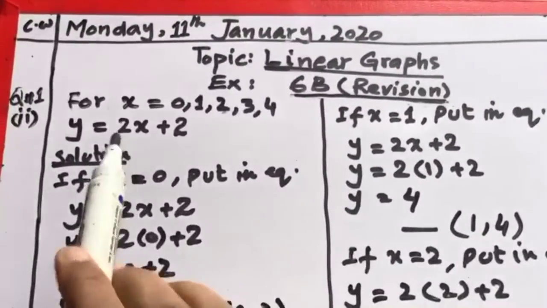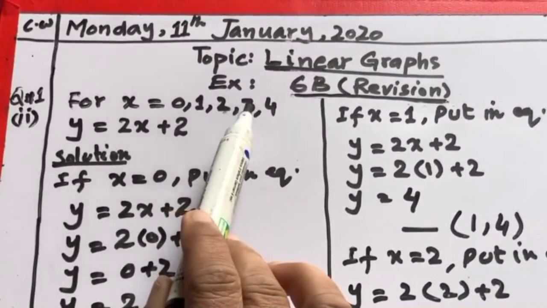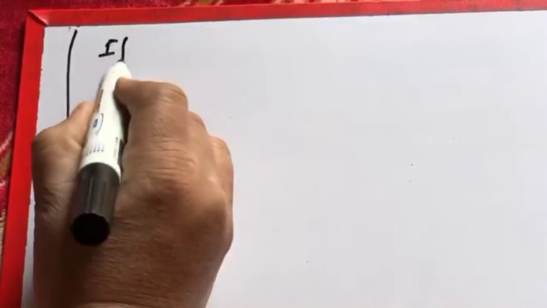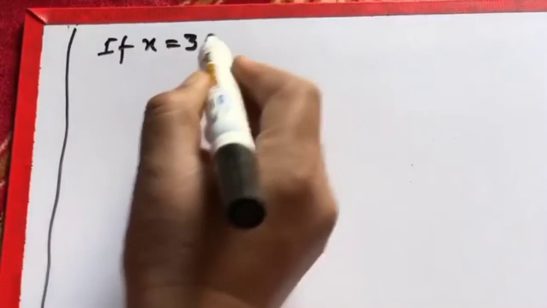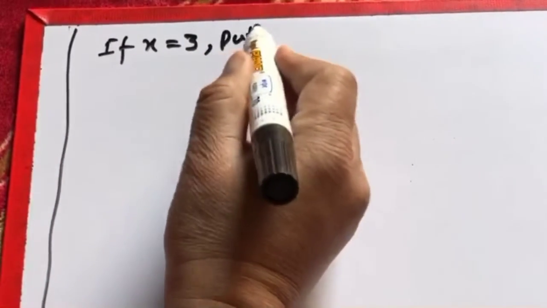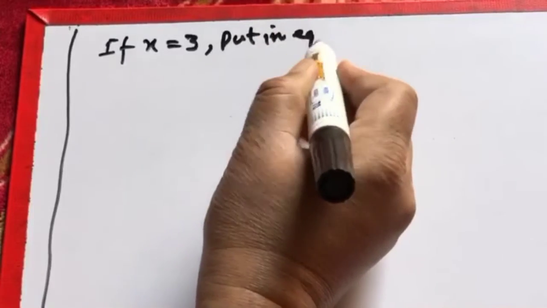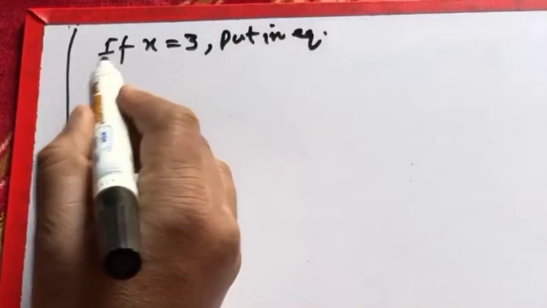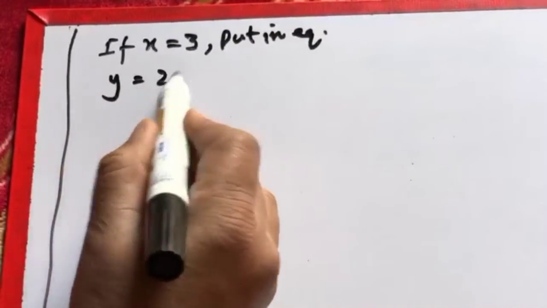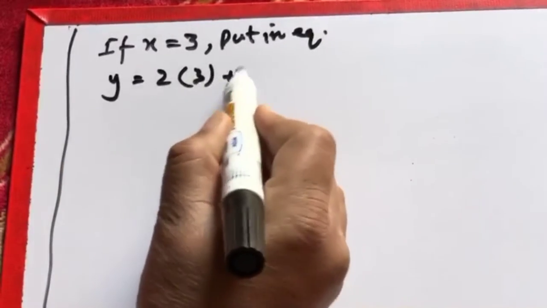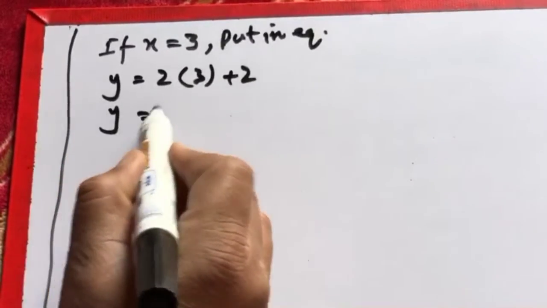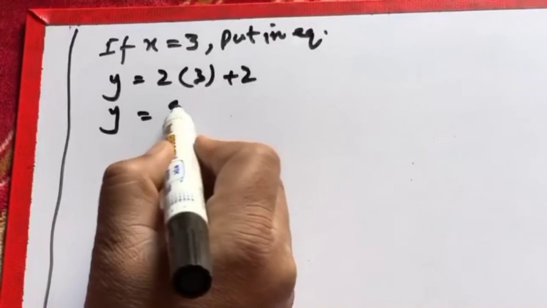Now if we take x as 3 and put it in the equation, we will get the value of y, which is 2 into 3 plus 2. So by simplifying, 2 3s are 6 plus 2 becomes 8.